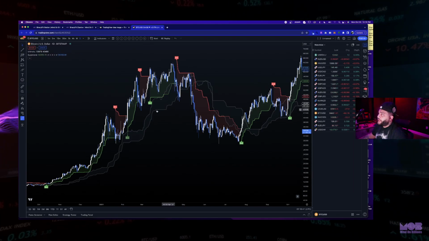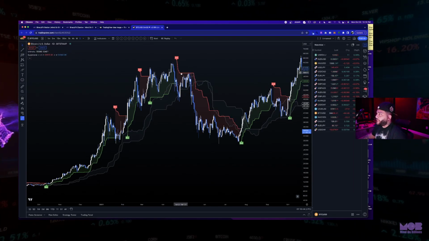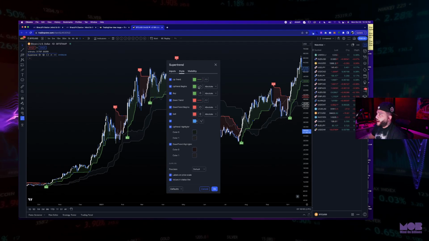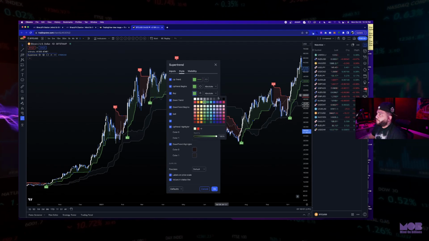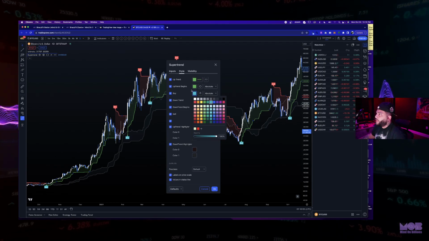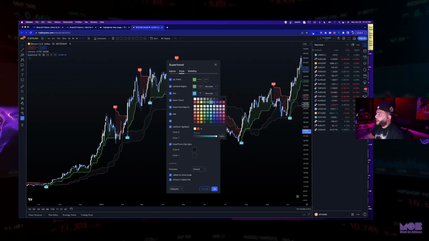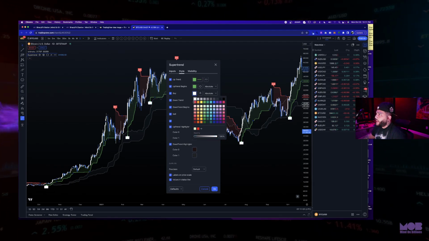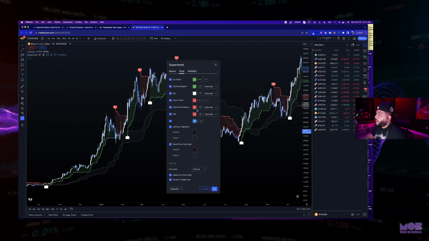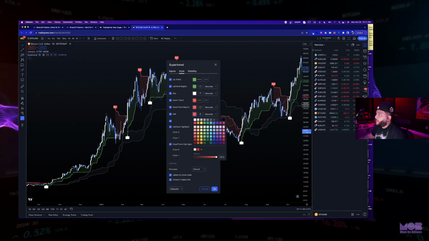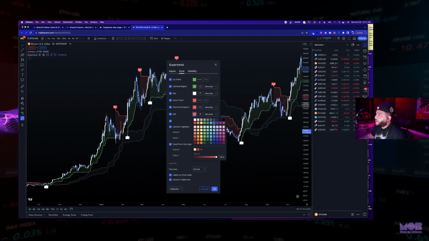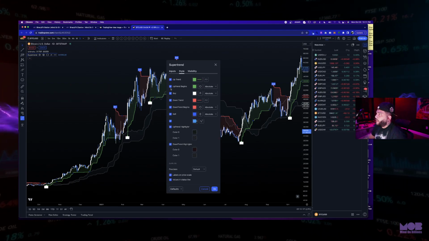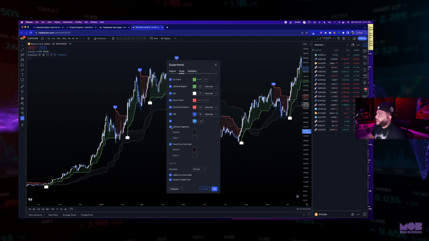This would help in some ways, especially if I'm fixing how it looks to me. For example, for buy I'll keep the ice blue, for sell I keep the red. Actually, sorry, I'll make this white. I'll make this blue. And we could just adjust accordingly.